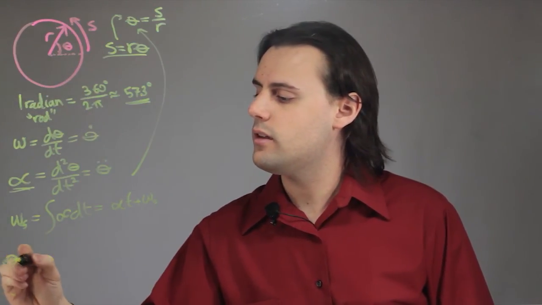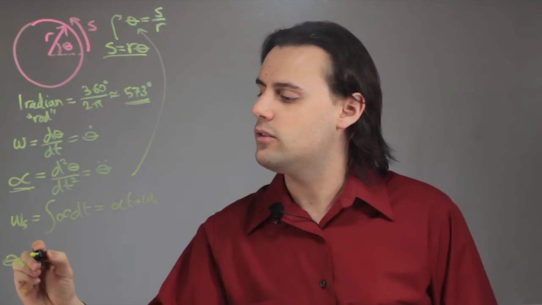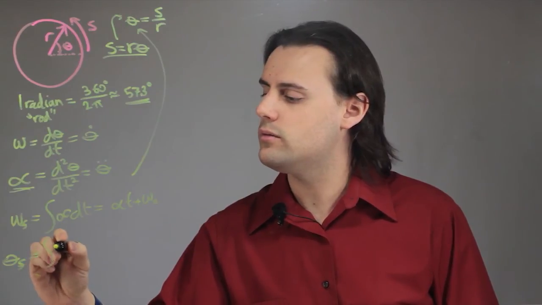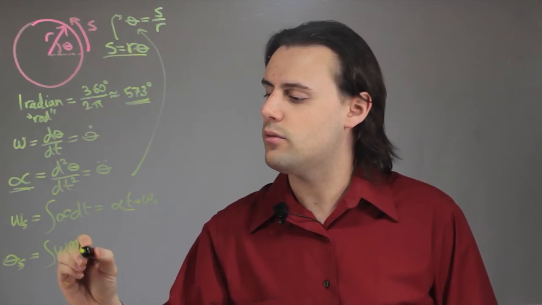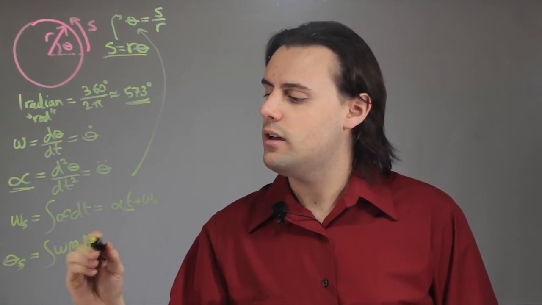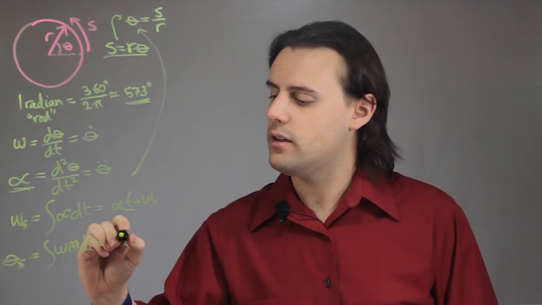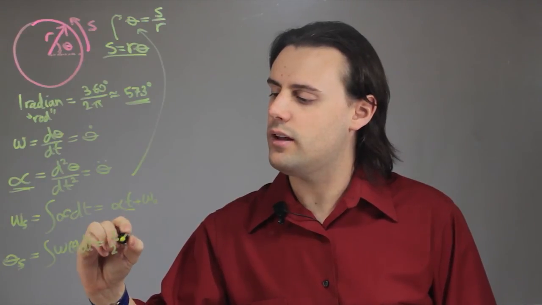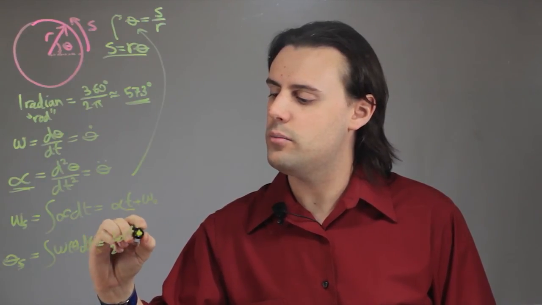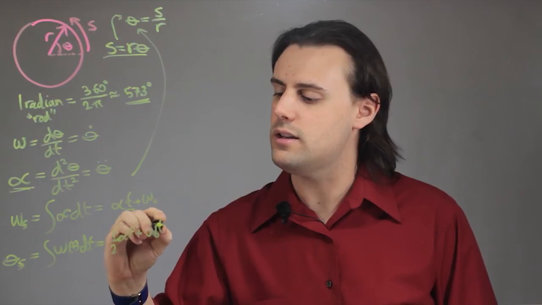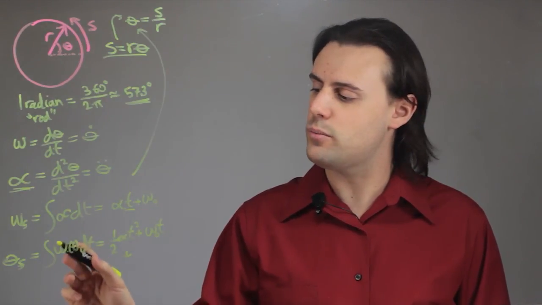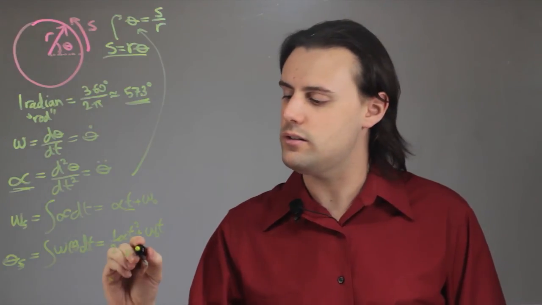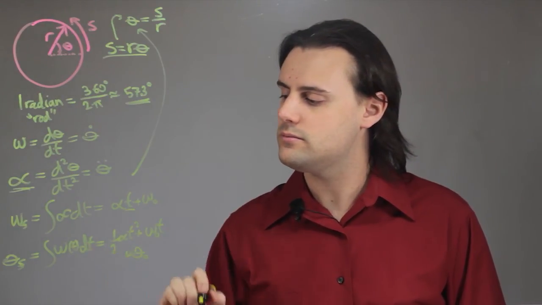So theta final is going to be equal to the integral of omega, which is a function of time, with respect to time, and we get out 1/2 alpha t squared plus omega naught t plus the integration constant, which is interpreted as the initial condition or the initial angle.